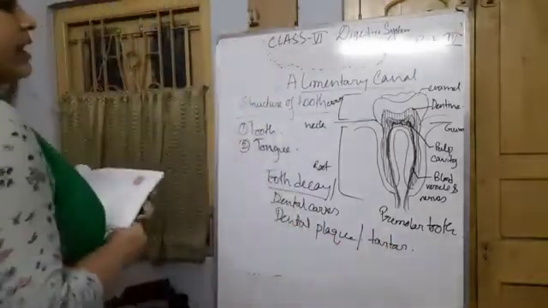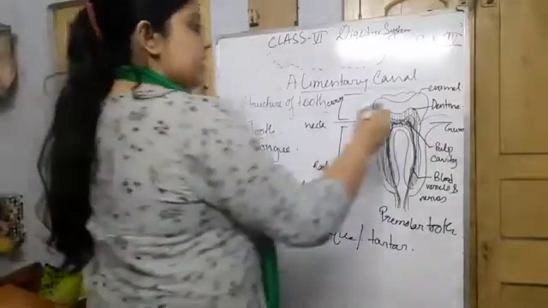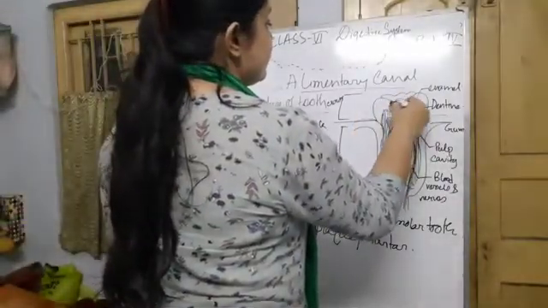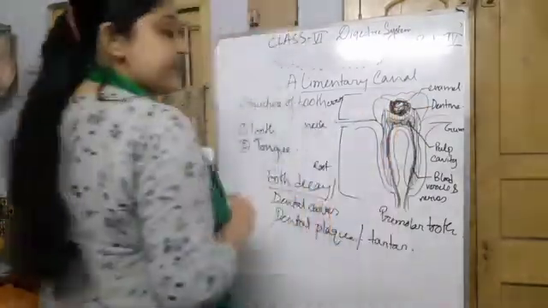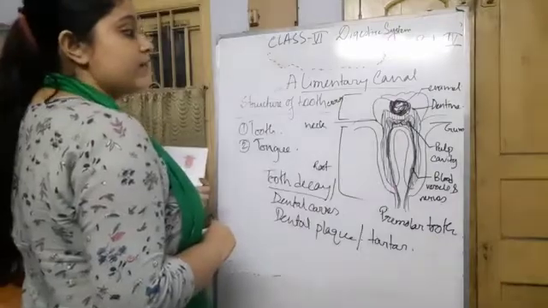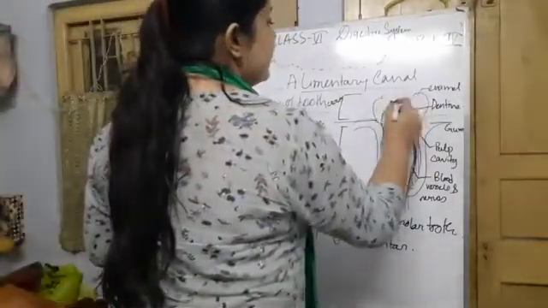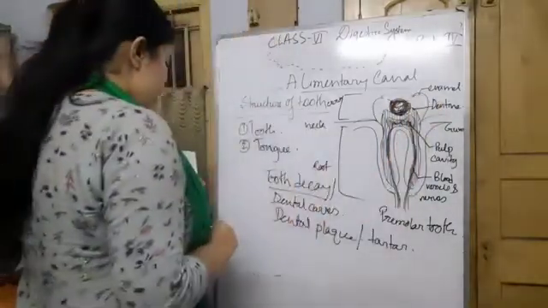How does it form? This is the main structure of the tooth. Sometimes in this part, a cavity of the crown is formed, where this part is damaged and a black cavity forms.